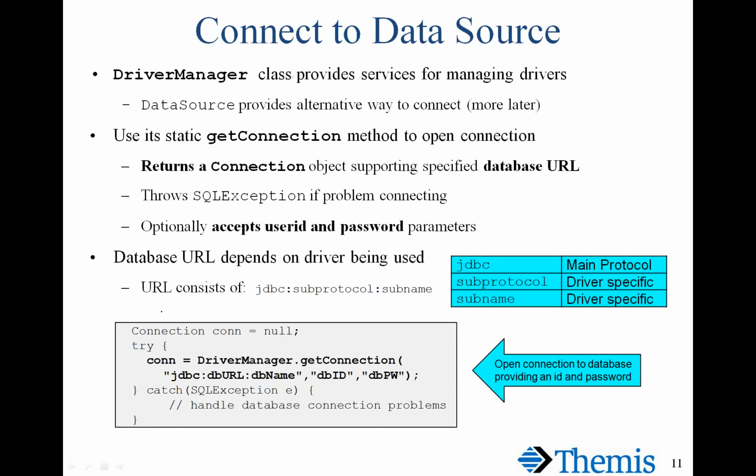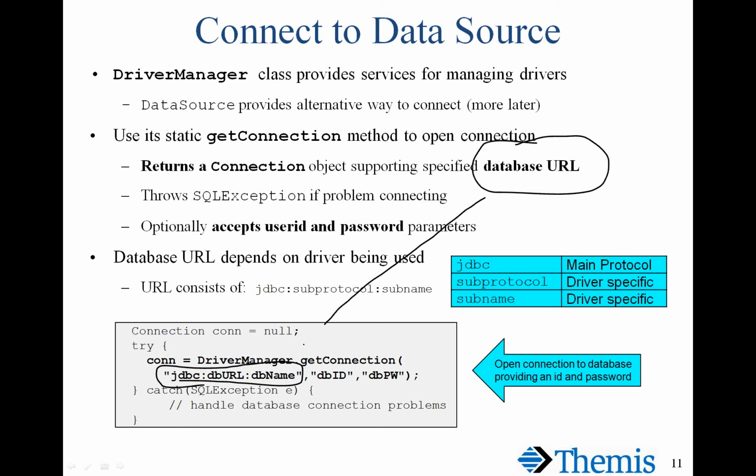Now that you have the driver loaded, you're ready to actually get the connection, and the DriverManager class supports the ability to make new connections to the database using the getConnection method. That method accepts either one parameter or three parameters. The one parameter version simply specifies the URL of the database.